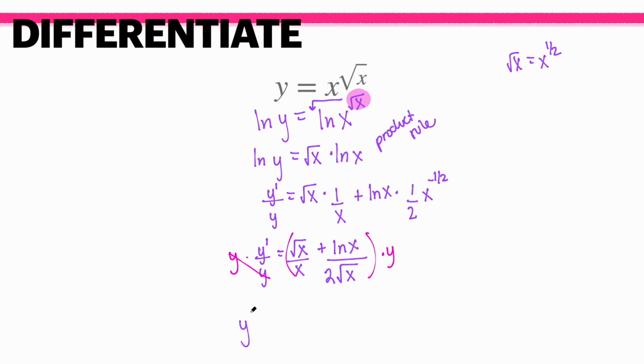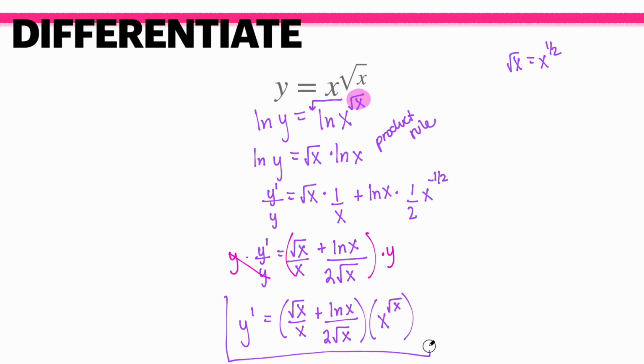So your final answer, the derivative, is going to be the square root of x over x plus the natural log of x over 2 square root of x, times x raised to the square root of x, because that is the function of y.